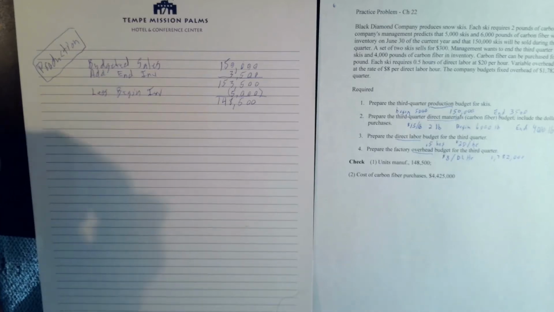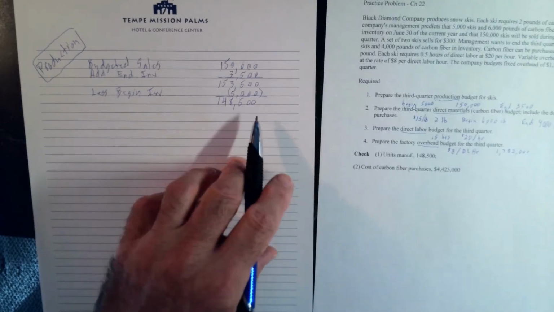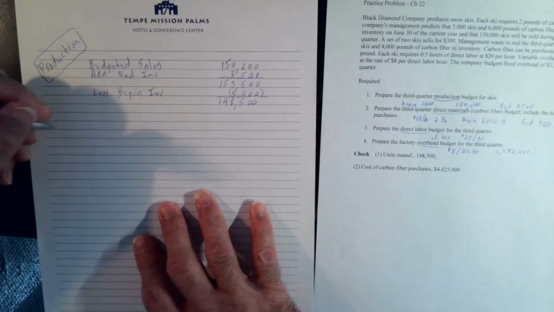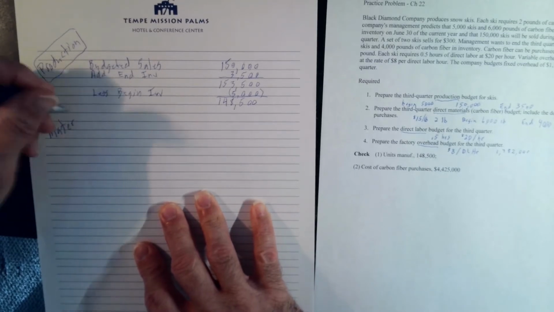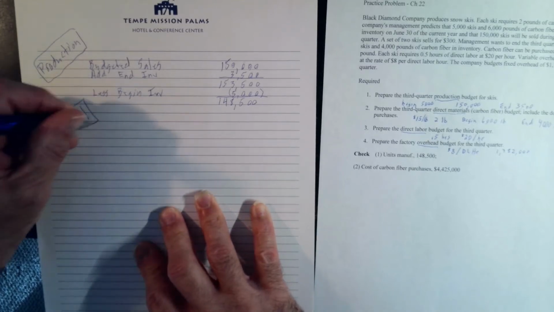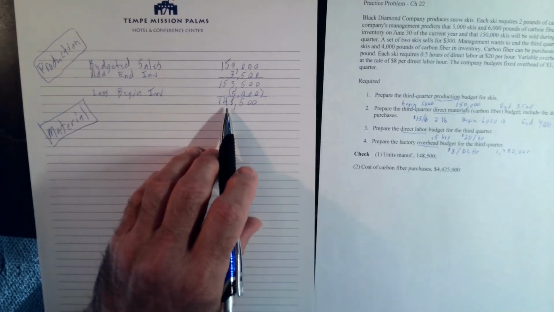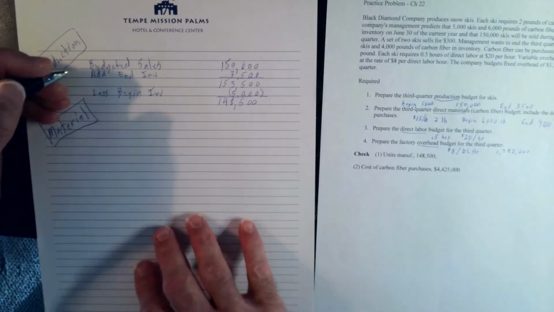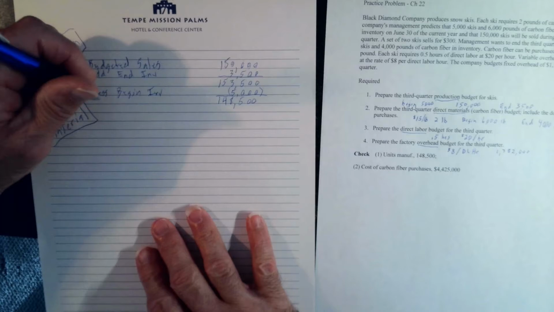So now we have production figures come up. We know we need to produce 148,500 skis. Next thing I have is my material budget. So I'm going to start with my beginning amount here, 148,500, and that would be my units to be manufactured.